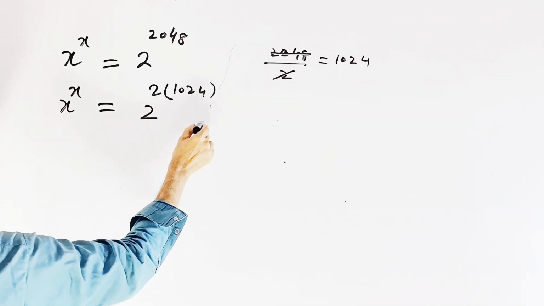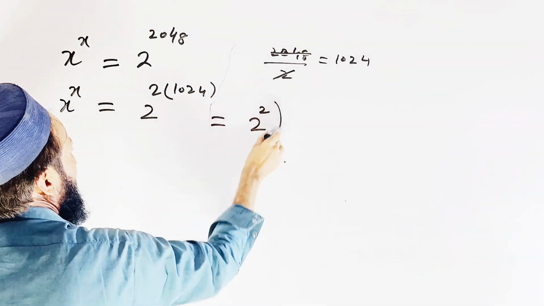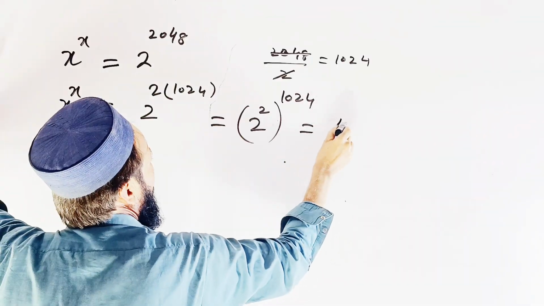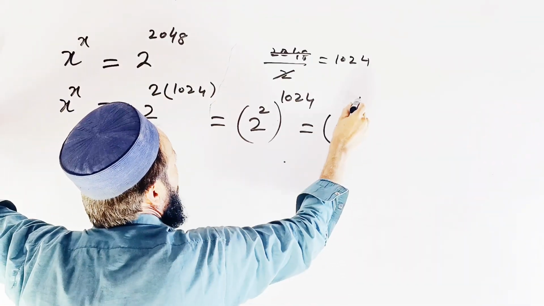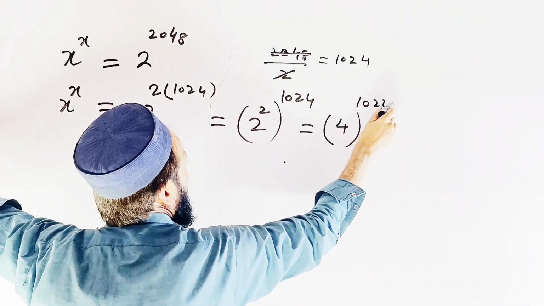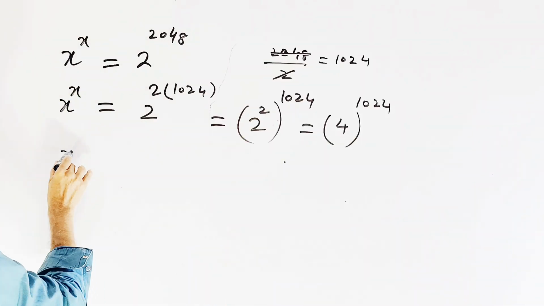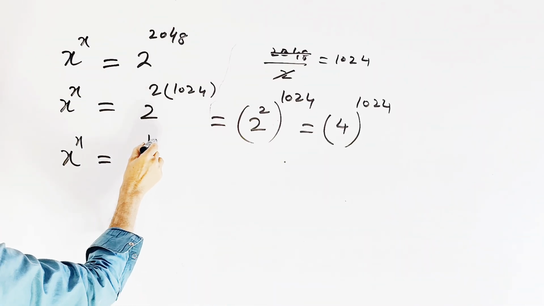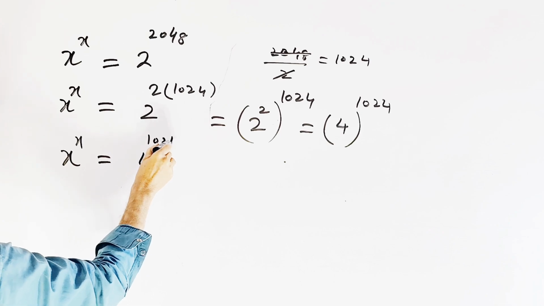Now according to this rule we can simplify using the power rule. So we get 4 to the power 1024. x to the power x is equal to 4 to the power 1024.